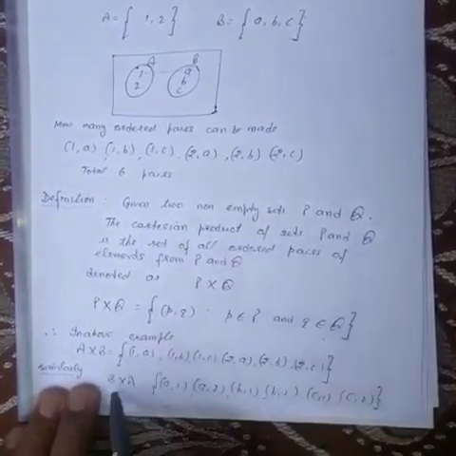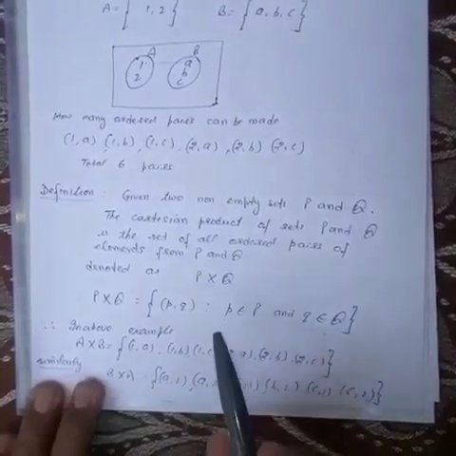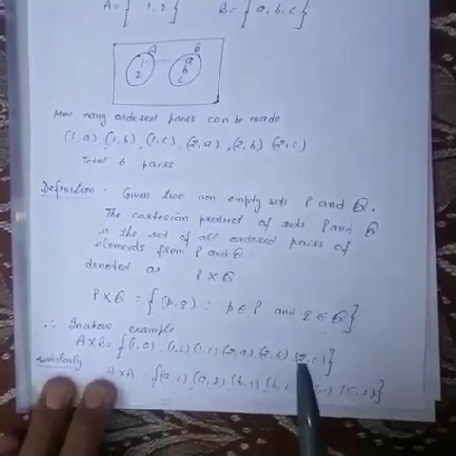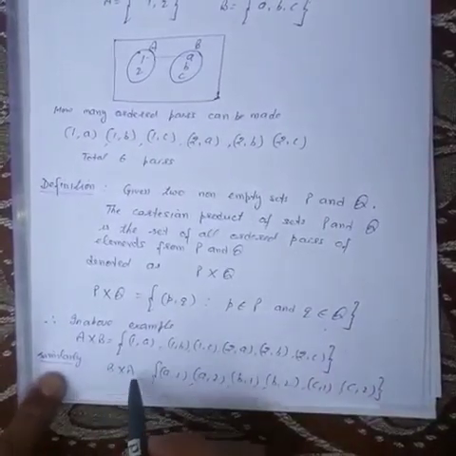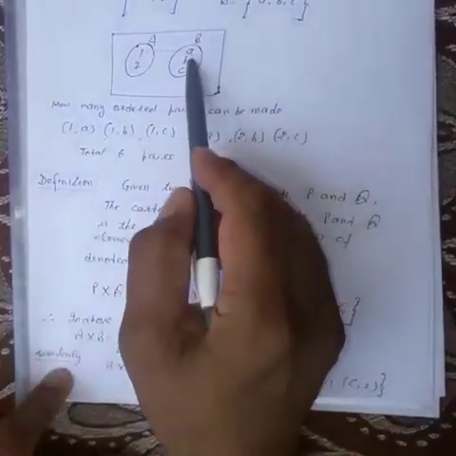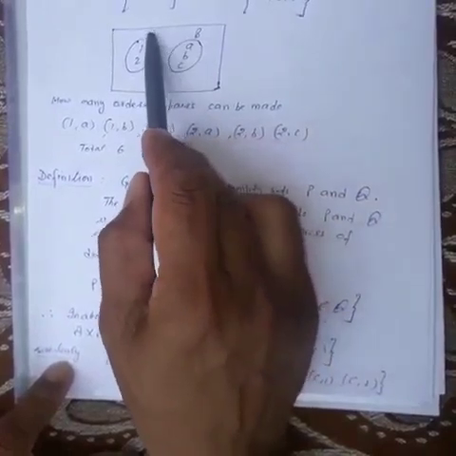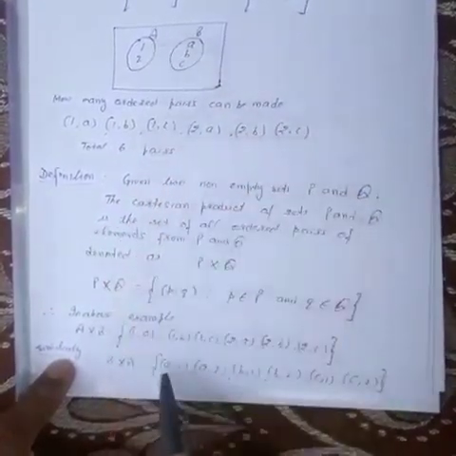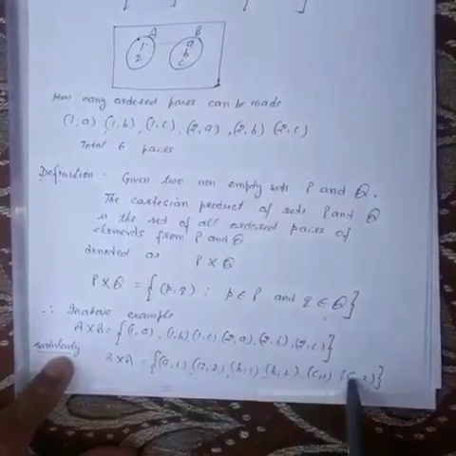Similarly, if you want to write down B cross A, it is a set of all ordered pairs where the first element belongs to set B and the second element belongs to set A. Now the first element of B is a, so make pairs of a with the elements of set A, that is (a, 1), write in this way, then (a, 2), and similarly write all ordered pairs.